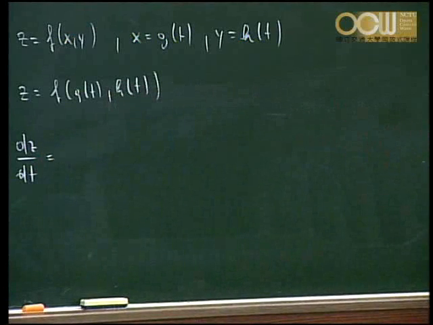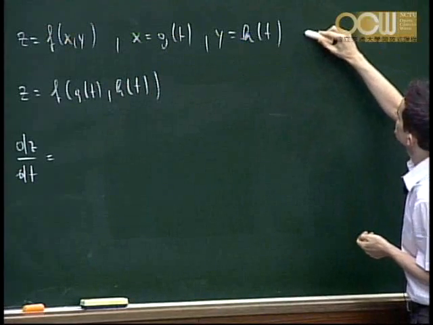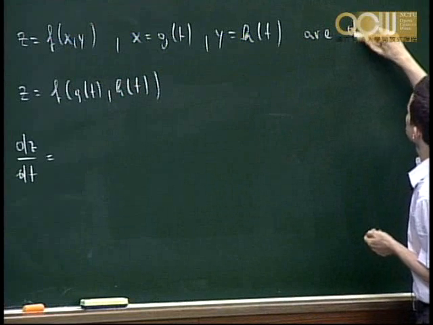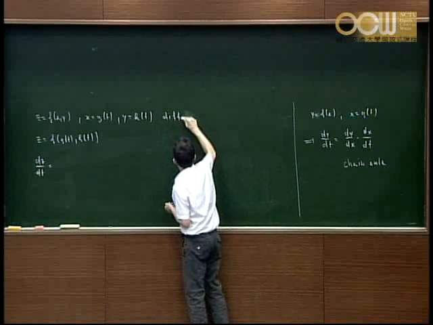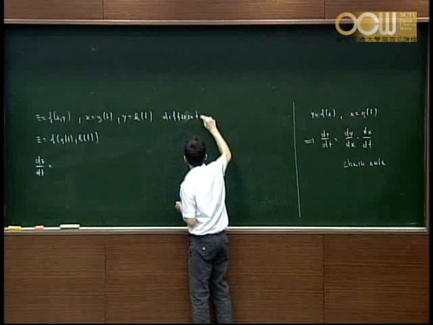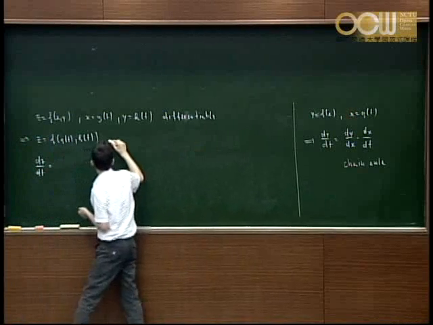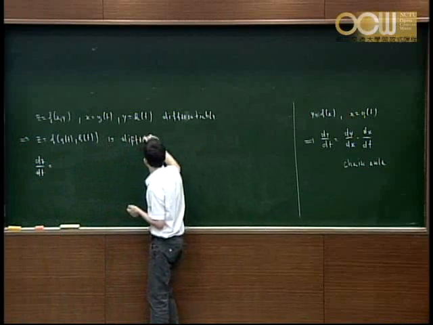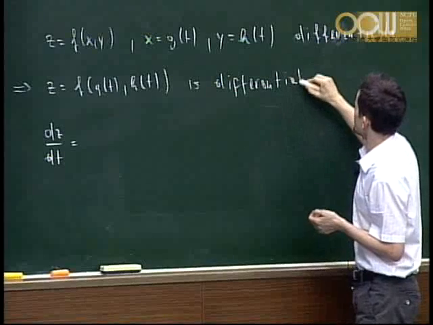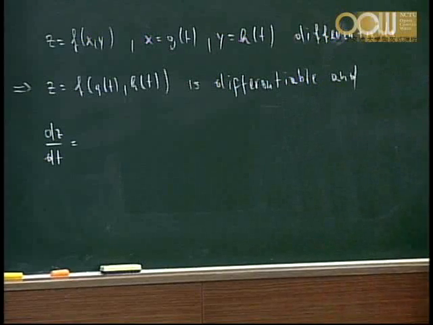Now, the chain rule for functions of two variables is, of course, you have to assume that all those functions here are differentiable. Then what we want to show is that this function here is differentiable as well, and the derivative can be obtained as follows.